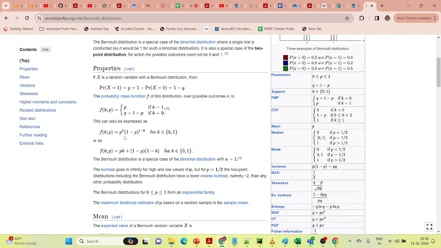It is not going to give the probability distribution, but it is going to give the exact probability.